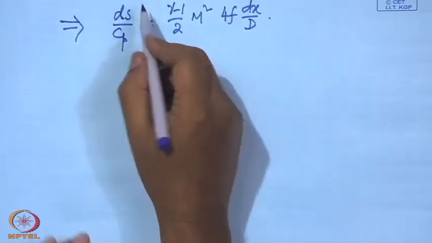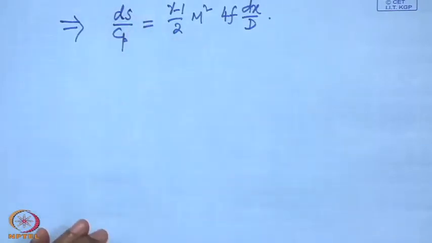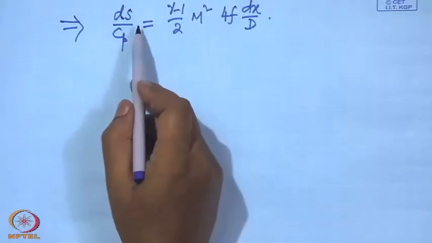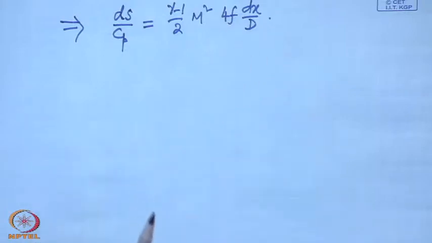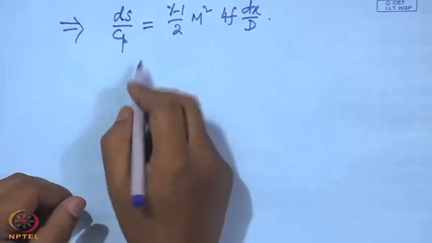Now, since entropy cannot decrease in an adiabatic flow, this means that F must be positive, or the shearing stress must act on the stream in a direction opposite to the direction of flow, which is what we assumed in our analysis in the beginning.